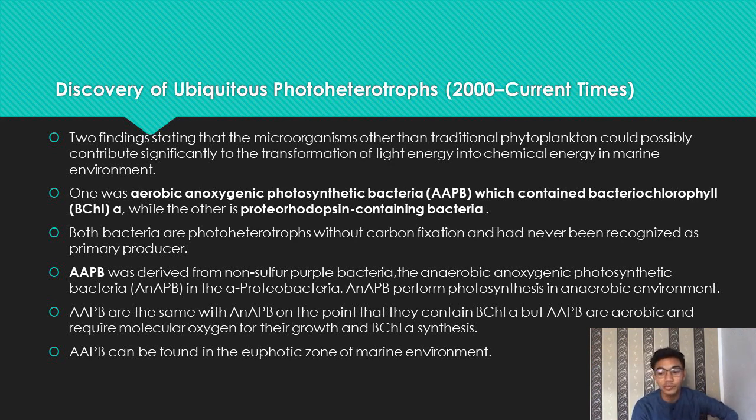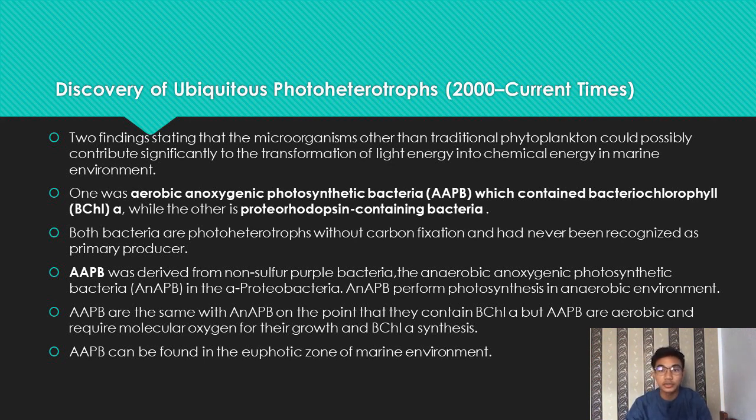NAPB perform photosynthesis in an anaerobic environment, which is an environment without oxygen. AAPB is the same as NAPB in that they contain BCHL, but AAPB are in an aerobic environment, while NAPB are in an anaerobic environment. AAPB need molecular oxygen for growth and BCHL A synthesis. Otherwise, they cannot work, because they function in conditions that require oxygen.